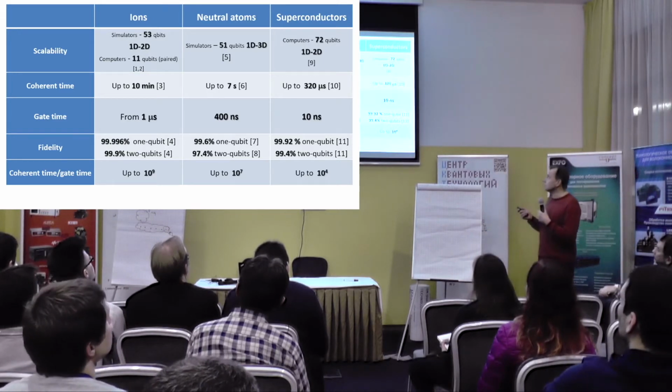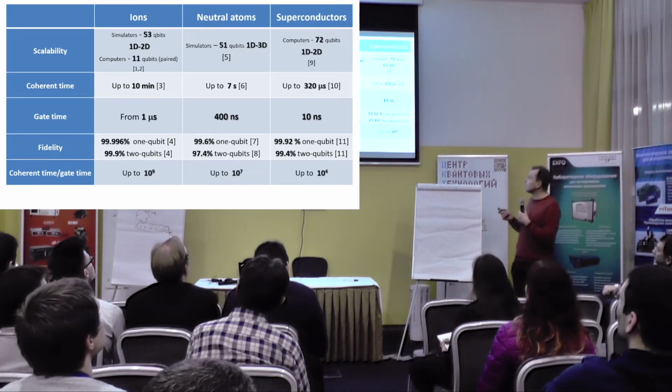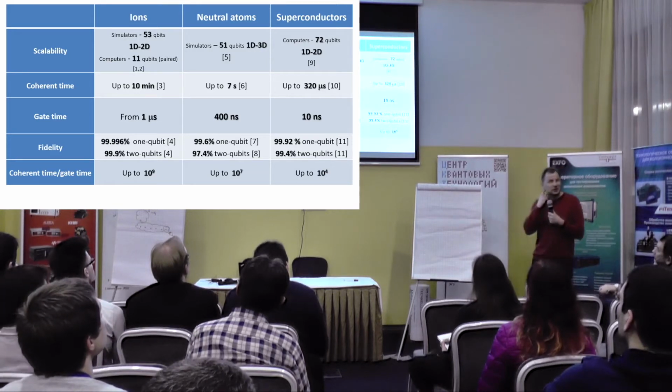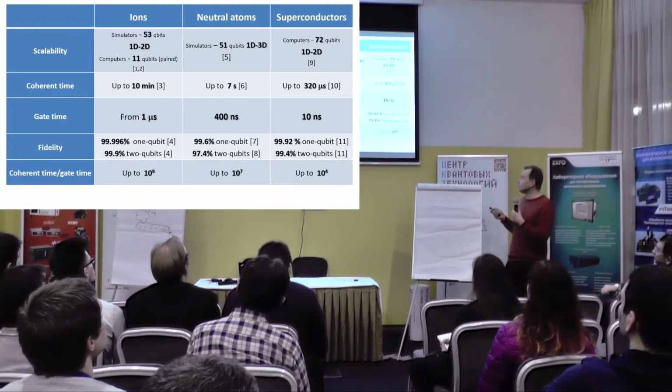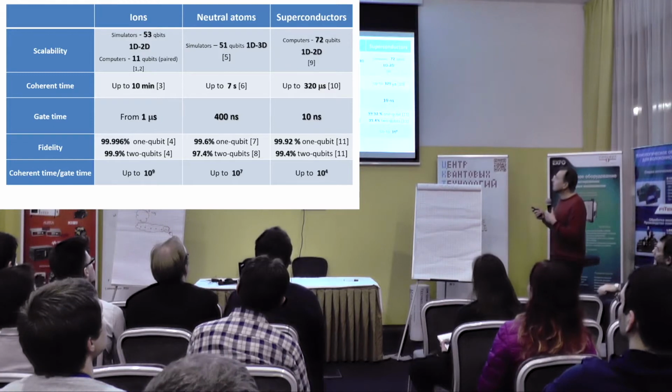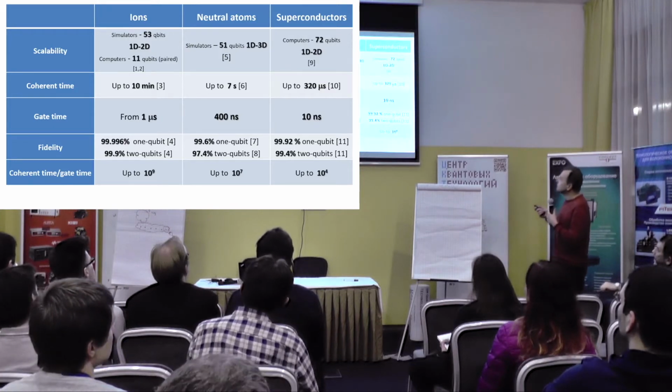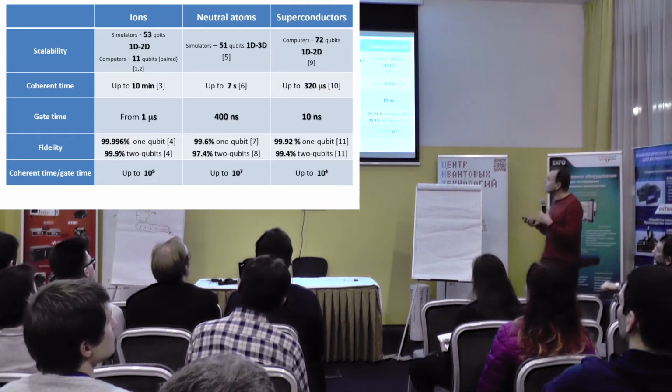Today it's 53 qubits for simulators, and only 11, today it's 13, I think, already reported qubits for a universal quantum computer. Compared to other platforms, it looks more or less the same.